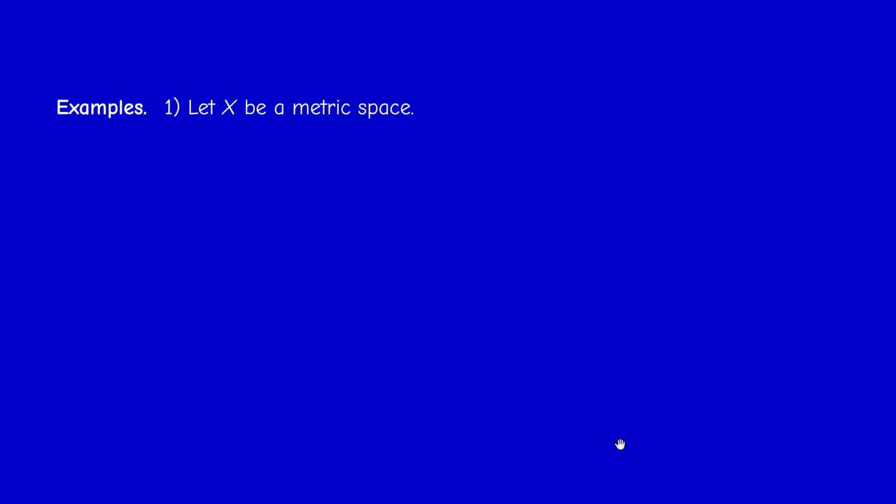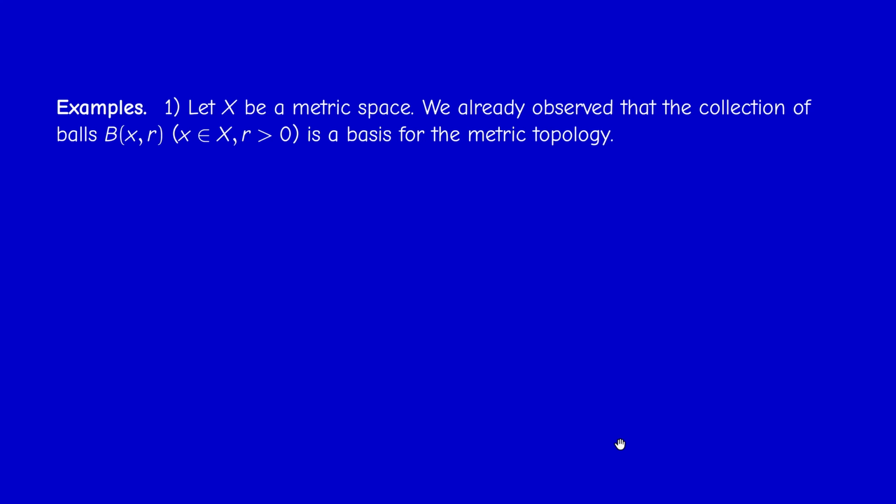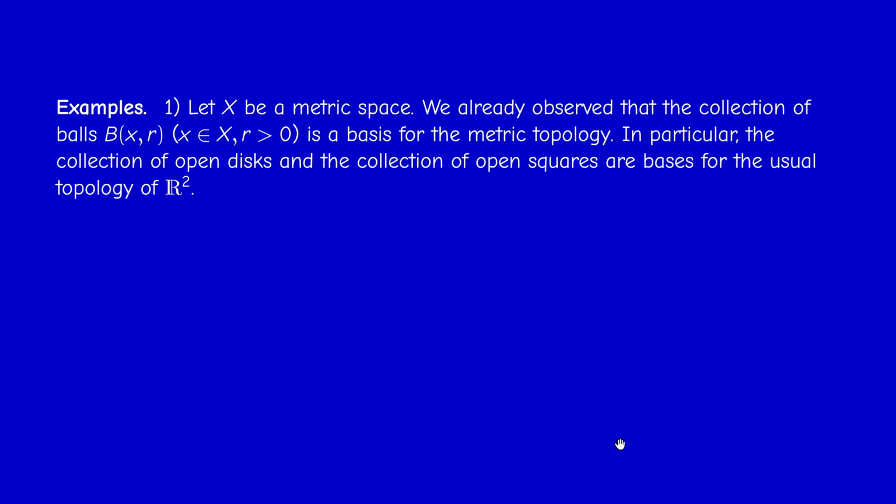So let us just give a few examples. Of course, as we said, in a metric space, the collection of balls is the basis for the metric topology. We know that. And therefore, the collection of open disks and the collection of open squares are bases for the usual topology of R2. Why?